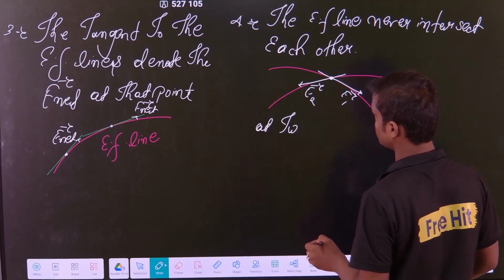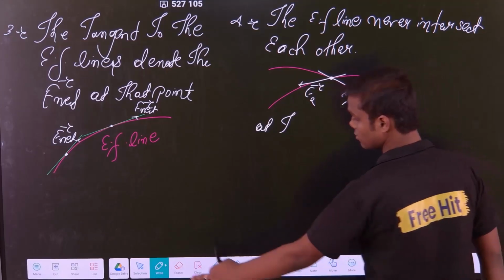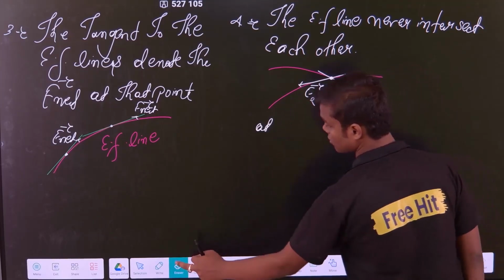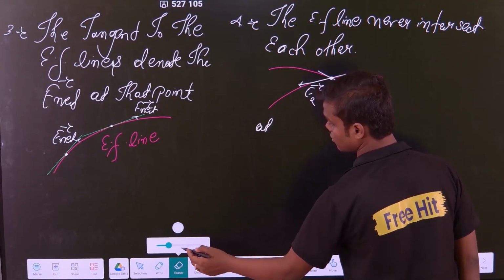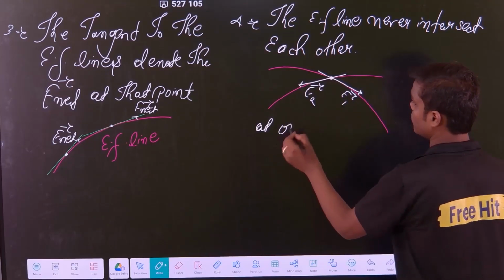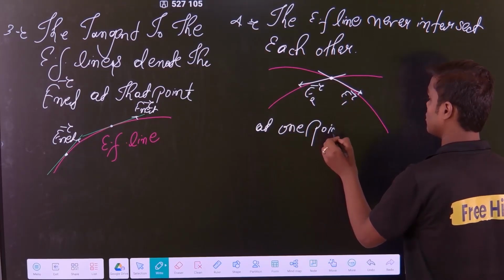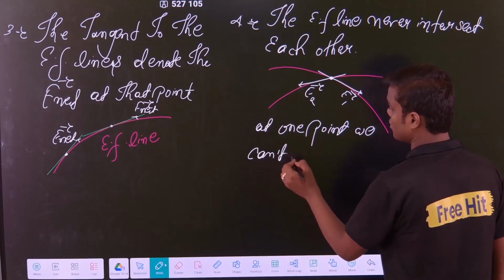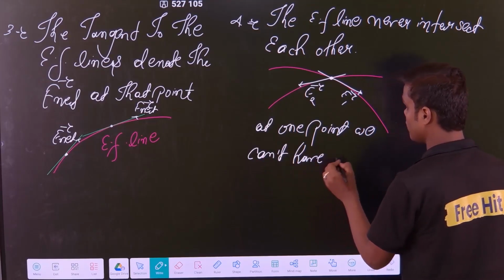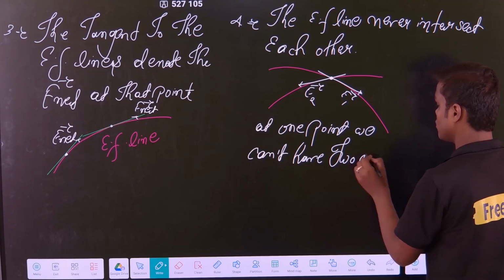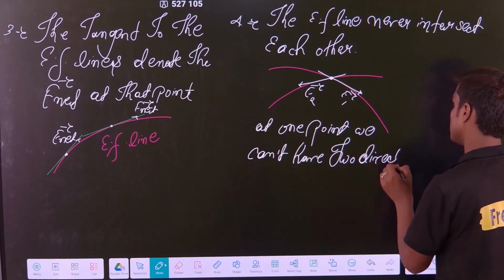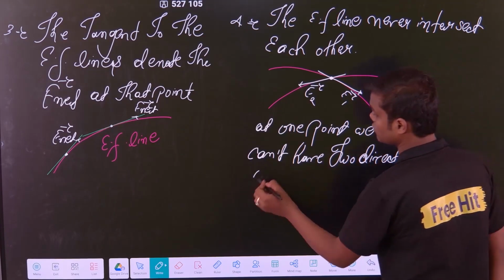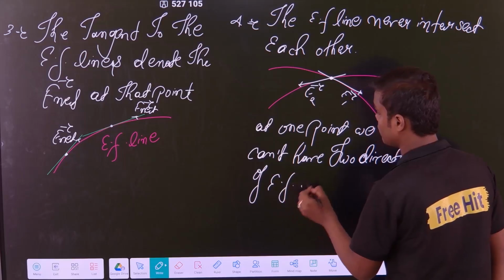At one point, we can't have two directions of electric field lines.